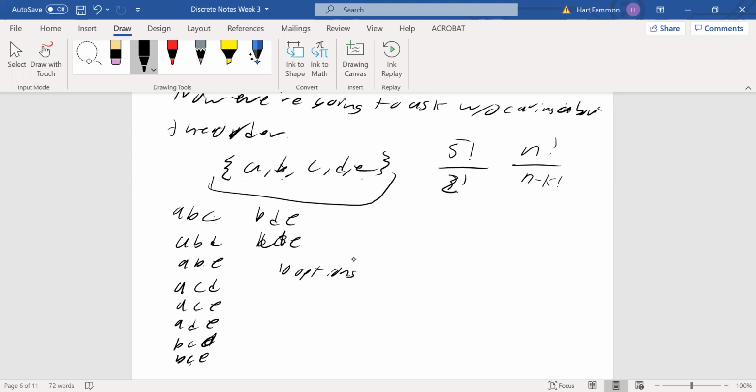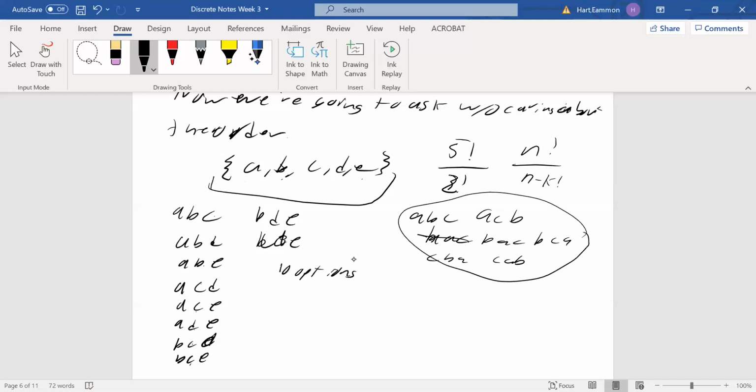Any different ordering counts the same. So if I had A, B, C, and A, C, B, or B, A, C, or B, C, A, or C, A, B, or C, B, A, all of these 6 options would all be the same collection of objects because I don't care about the order.